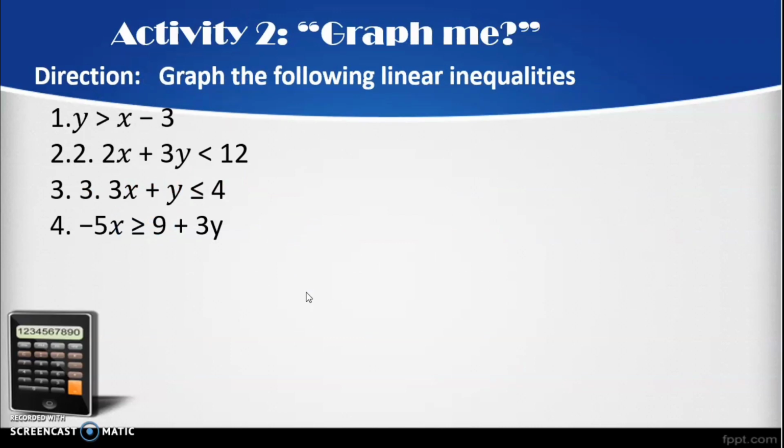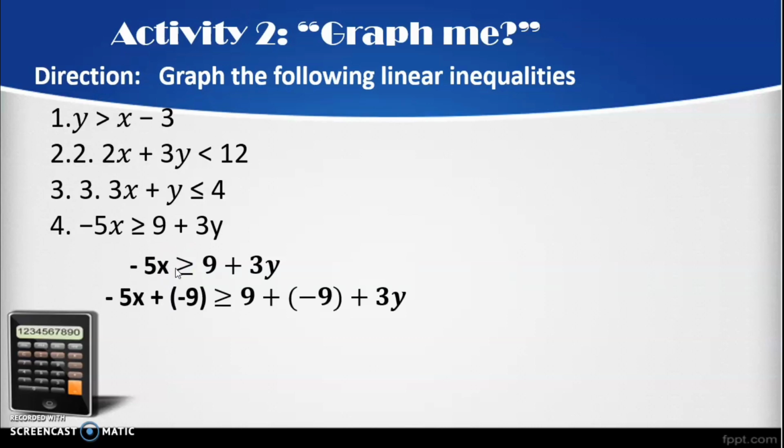And our last activity, graph the following linear inequalities. Since meron tayong 4 na inequalities, we will just graph the number 4, which is negative 5x greater than or equal to 9 plus 3y. Since it is in the standard form, we need to transform this into slope-intercept form.